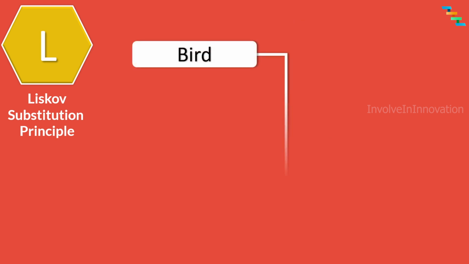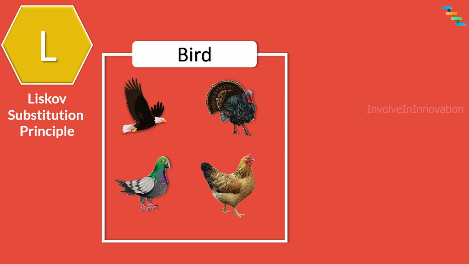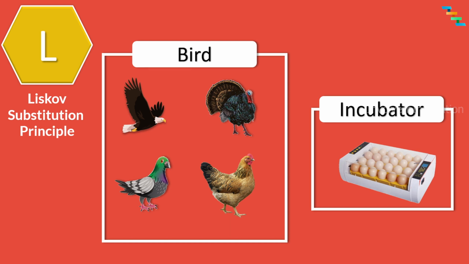You will see this with an analogy. Let's take a bird interface. That bird interface has different birds. In this case, we have a vulture, a turkey, a pigeon, and a hen. And for this purpose, I am using an incubator class. That incubator class takes any of the birds, utilizes the get egg function, and then uses that egg for incubation.